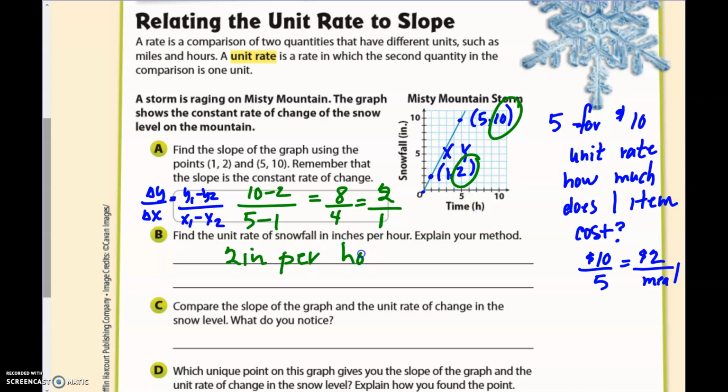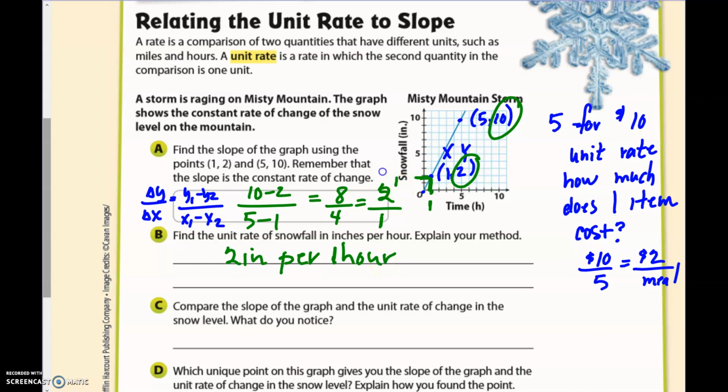Per hour. So I found 2 inches per hour. We found the slope to be 2 inches per hour, and now find the unit rate by looking here. If I go up to 1 hour, it's over here at 2. So 1 hour, that's what I want to find, is 1 hour. That's where 1 would be, and the fall was 2 inches. So it's 2 inches per hour.